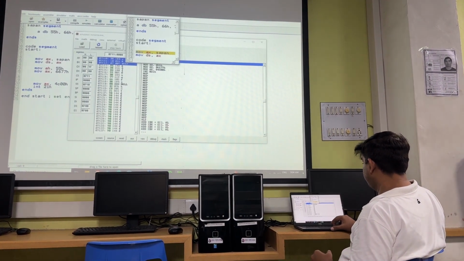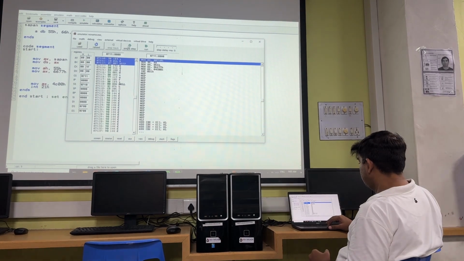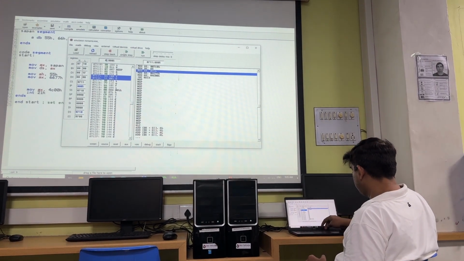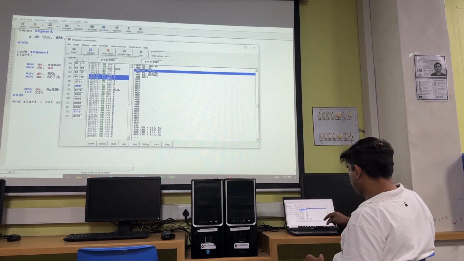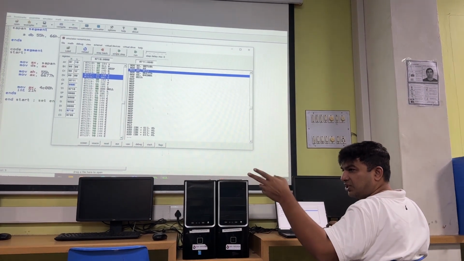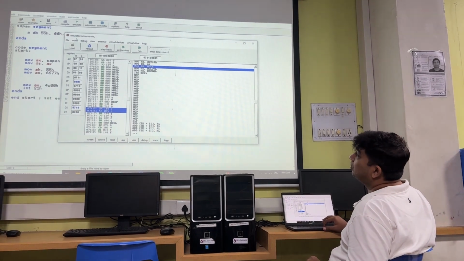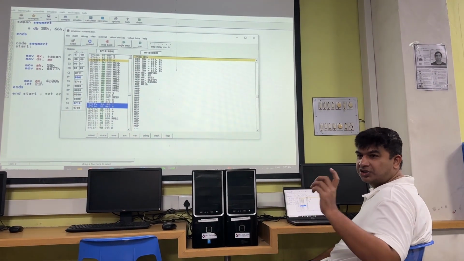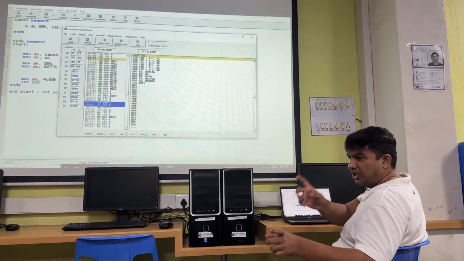Click emulate, minimize this, click 2 times, DS is assigned, go to 0710 0000. First 3 locations 556677. Understand? So this is the difference between DB and DW.